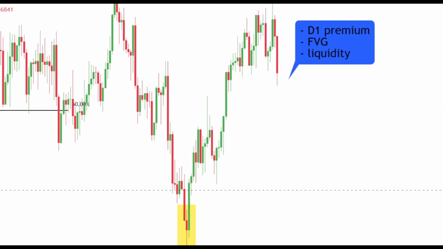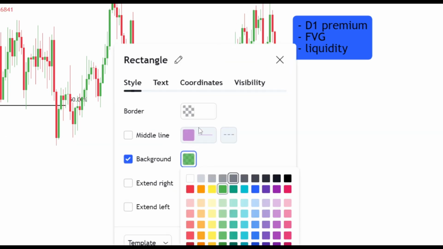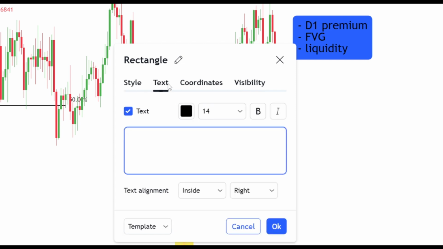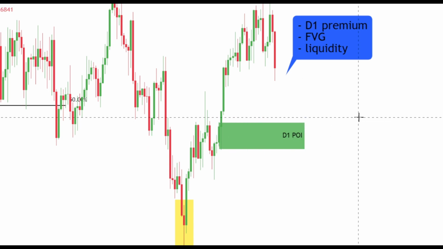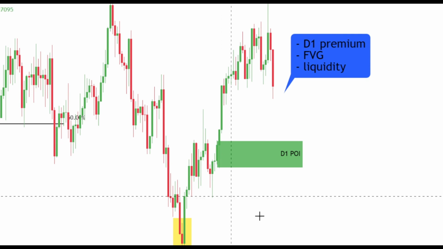So this now becomes a daily point of interest, or a daily zone, which we need to be mindful of. We have a daily zone just over here. If I label that in green, this is a daily point of interest or a daily demand zone. If we bring that to the right, I expect this POI to be mitigated over the next 1 or 2 weeks.